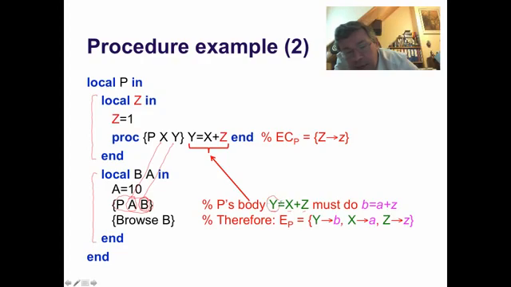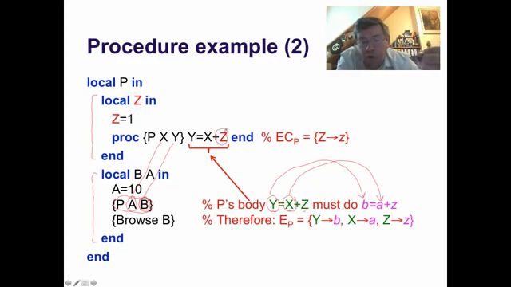So the y in the body corresponds to the variable B, and A corresponds to x, and z is the same as before. So y equal x plus z, what it must calculate is variable b equals variable a plus variable z. Somehow the instruction y equal x plus z must do this calculation. That means y has to correspond to b, x has to correspond to a, and z has to correspond to z.